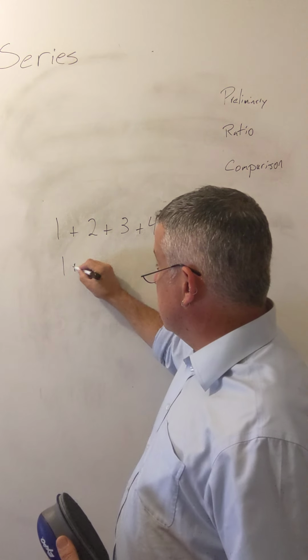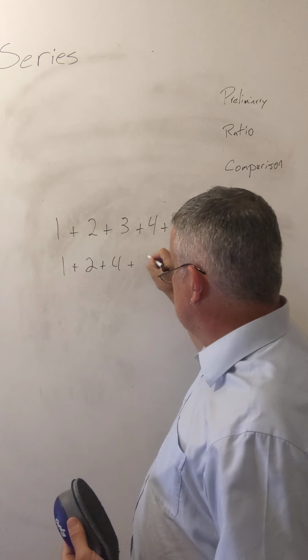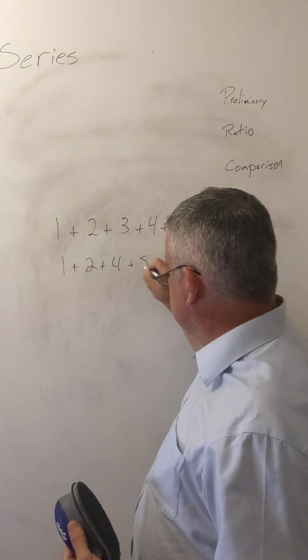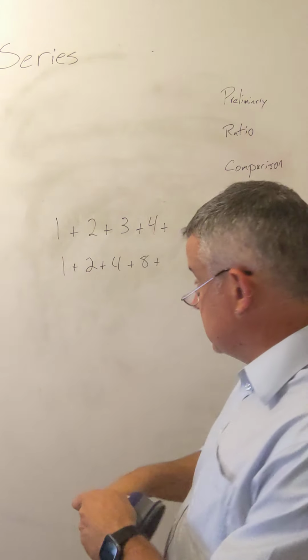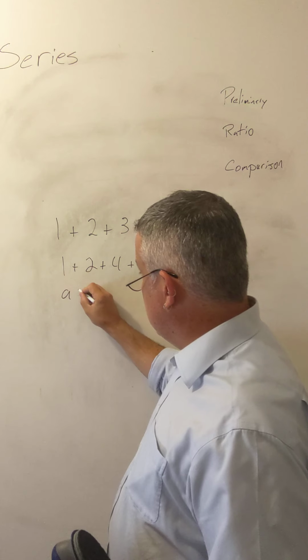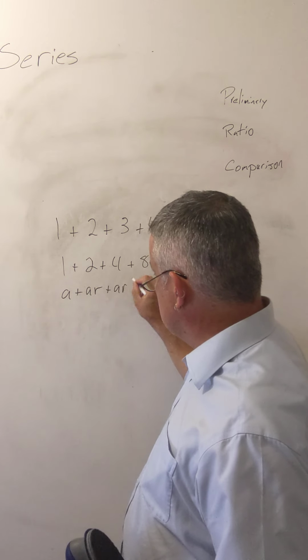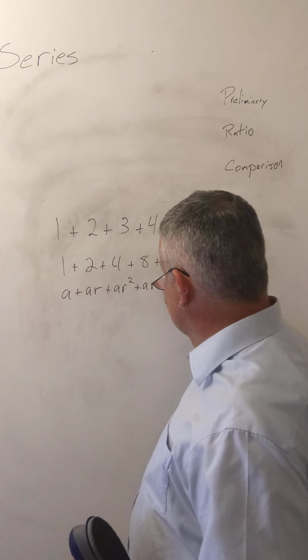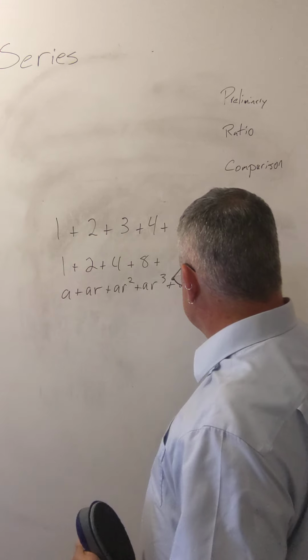A geometric series is like this example, multiplying. So we could write a geometric series as a plus a times r plus a times r squared plus a times r cubed plus a times r fourth plus dot dot dot.